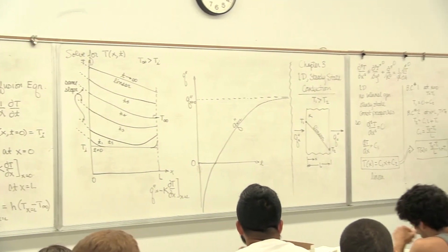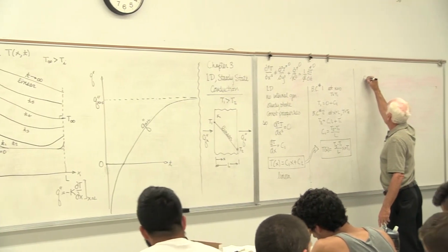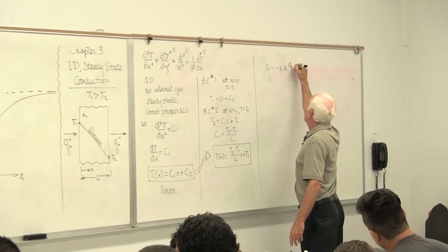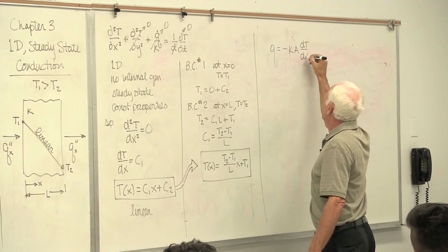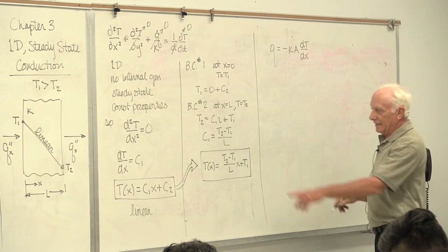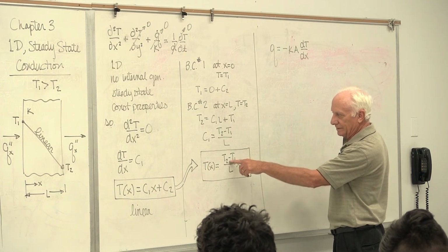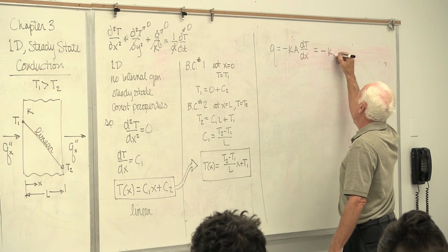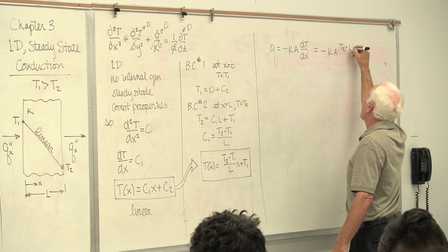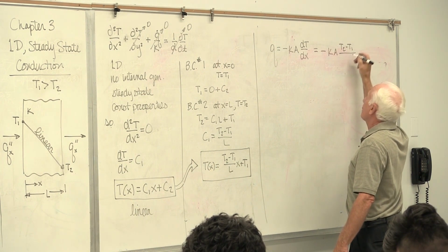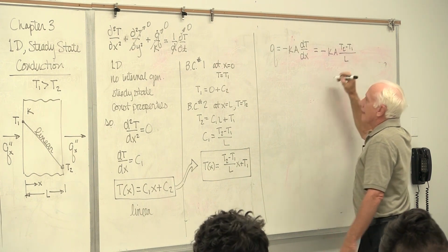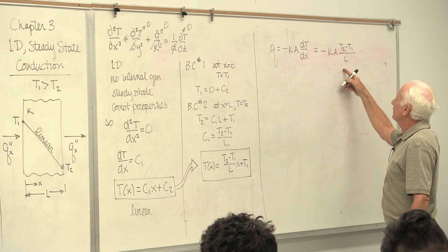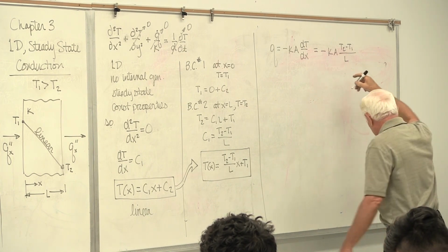Let's do it then. So Q equals minus k A dT dx. Okay, dT dx, T2 minus T1 over L. Okay, right. We got that. Okay, minus sign there. I don't like the minus sign there.